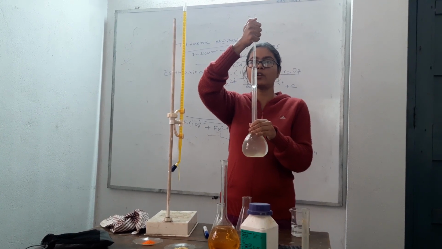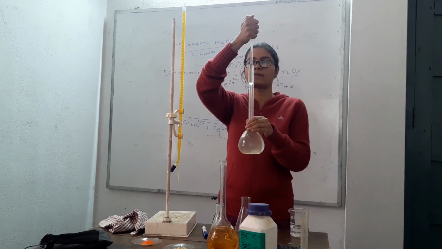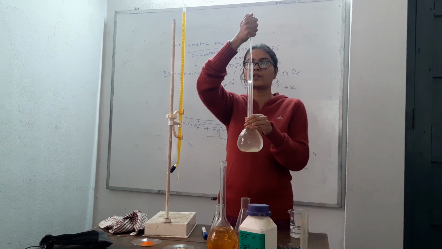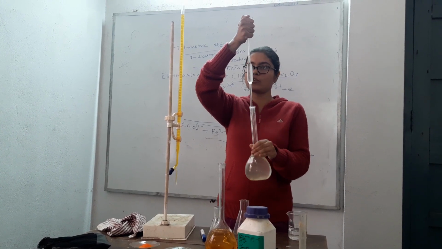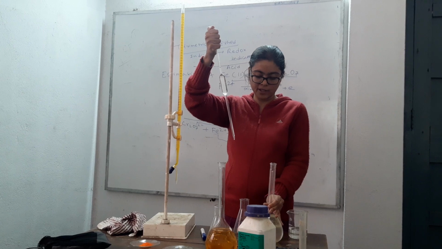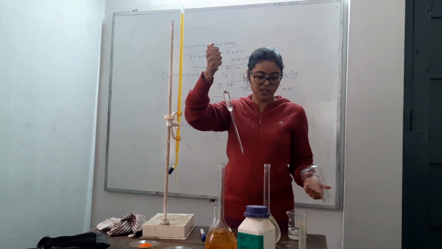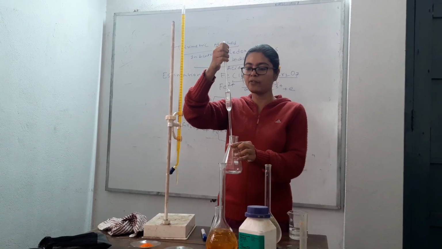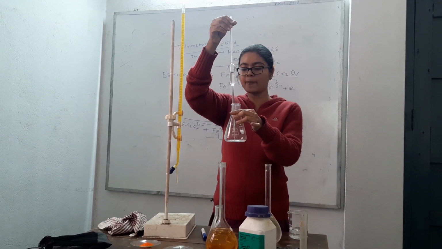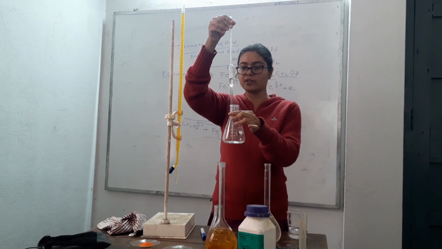Be very careful when you pipette it out. So it is up to the mark. Okay. Now take it in the conical flask. So this is your iron 2 solution.